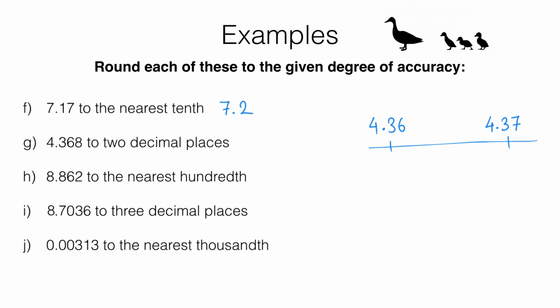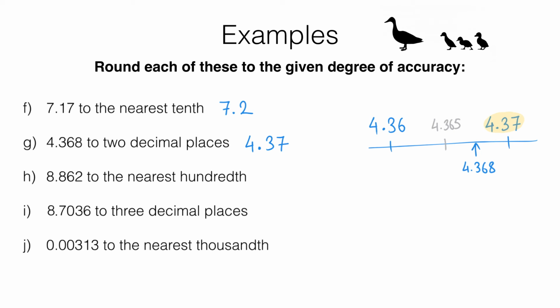Let's mark the halfway point. That's 4.365. And hopefully you can see that 4.368 is slightly greater. In fact, it is over here somewhere. That means it is closer to 4.37. So 4.37 is our answer.